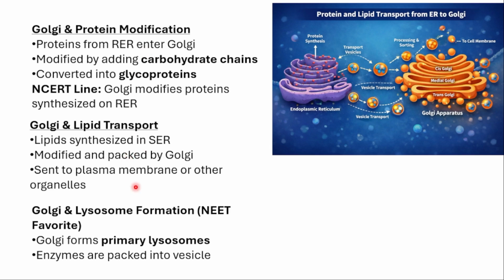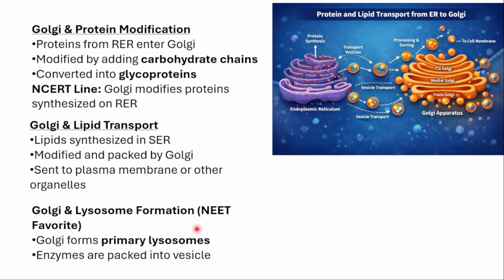And one more formation that is important, that is Golgi and lysosome formation. This is the NEET favorite part actually. Golgi forms primary lysosomes. Enzymes are packed into vesicles. Just now in the last slide I said lysosomes have very important digestive enzymes, isn't it?